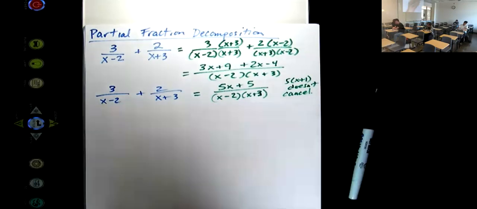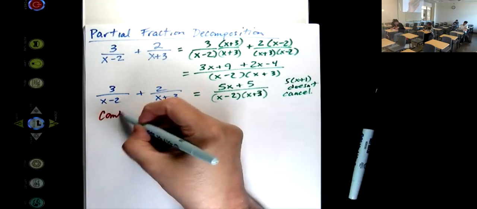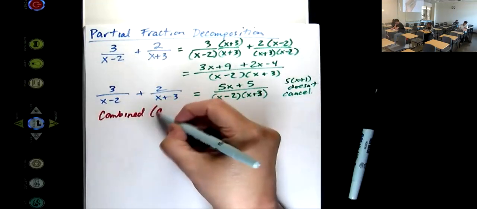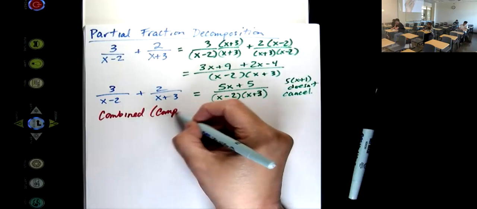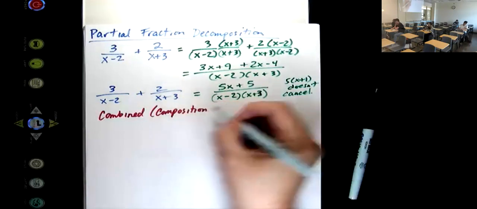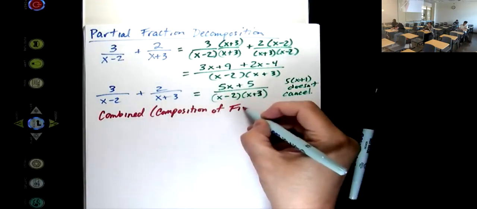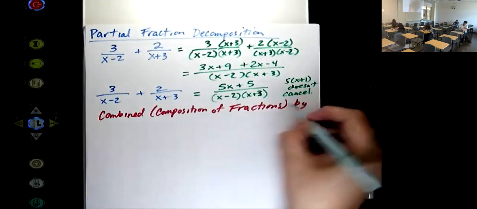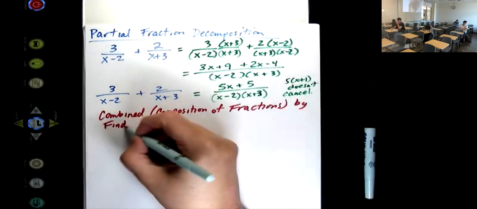So what we did is we combined fractions, or did a composition of fractions, by finding a common denominator.